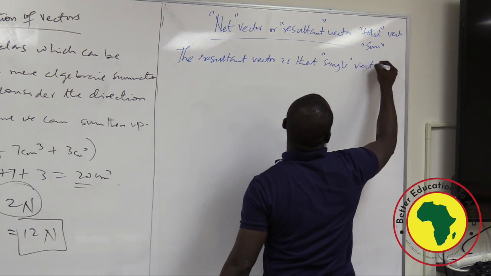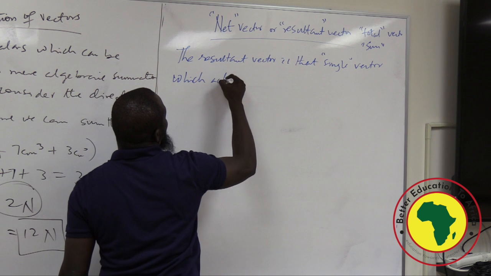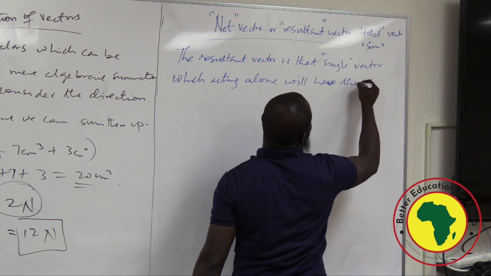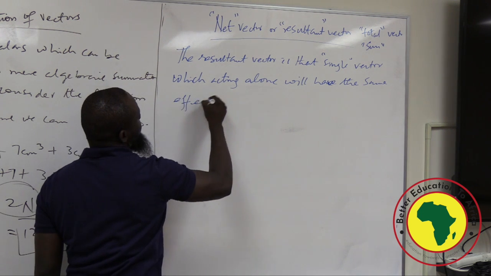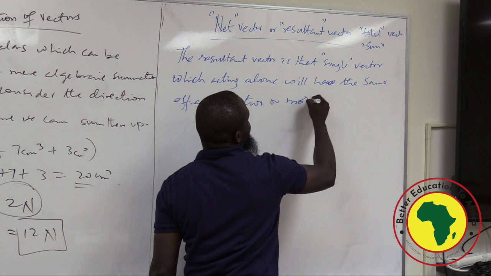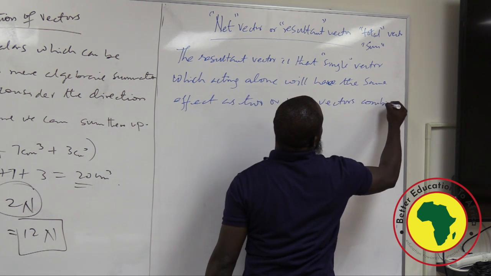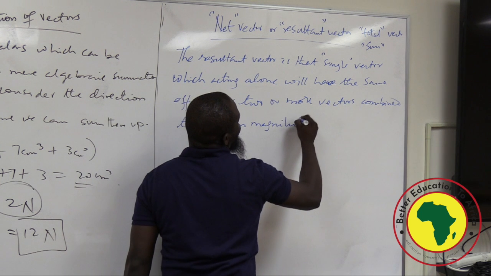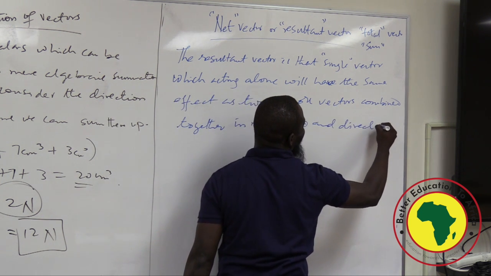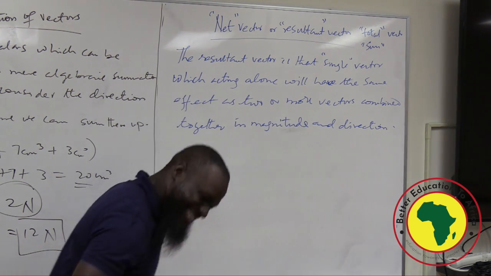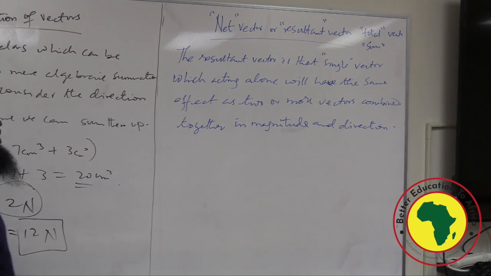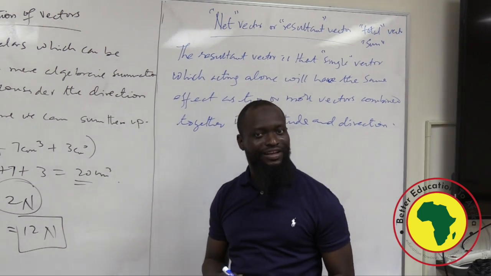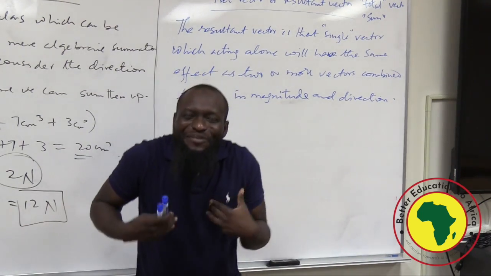It is one vector which, acting alone, will have the same effect as two or more vectors combined together in magnitude and direction. This is how we define the net vector, the resultant vector.